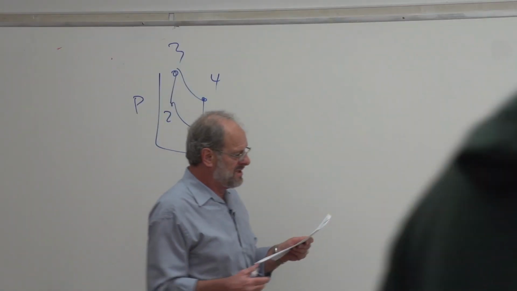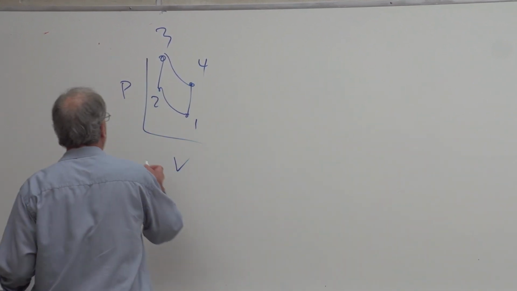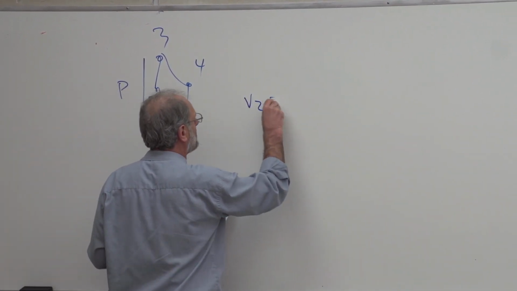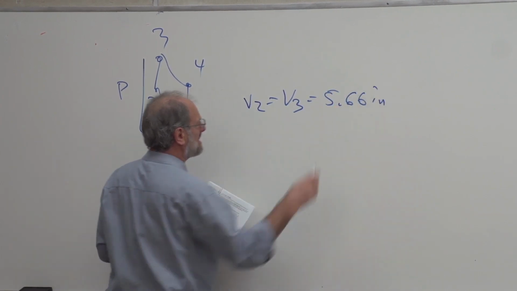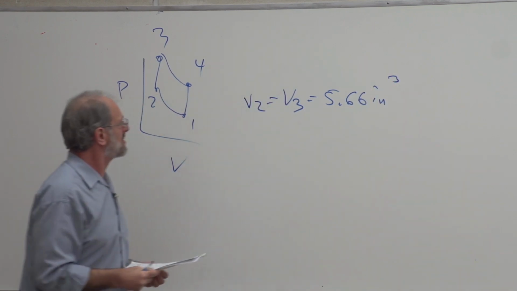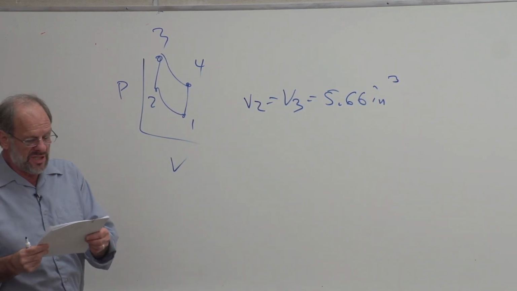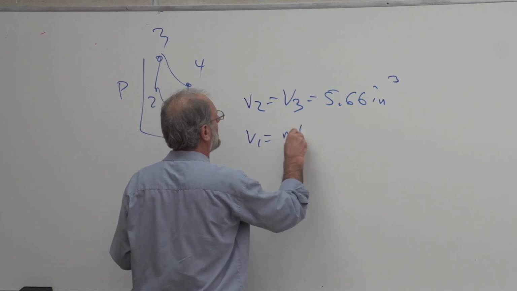Now you're given the volume at the end of the compression stroke. So basically you're given V2, which is the same as V3. So 5.66 inches cubed. That's been given in the problem. We just have to use our ideal gas equation of state to find V1.